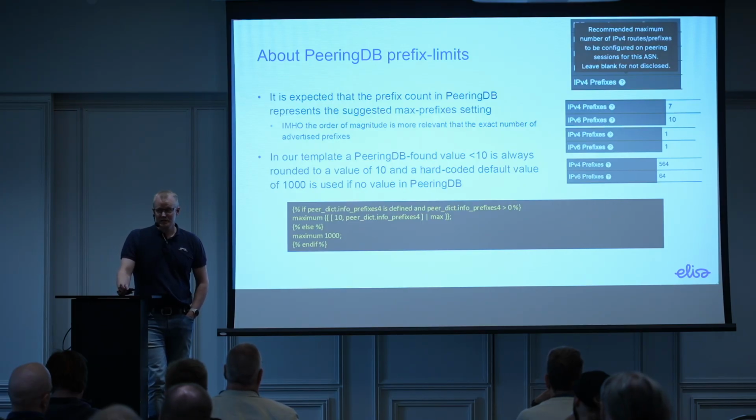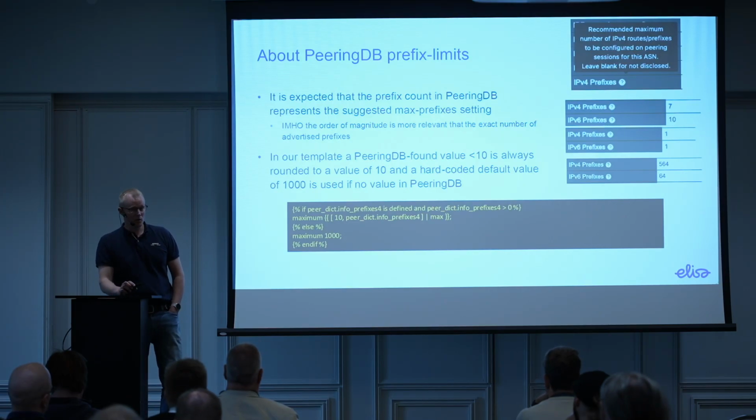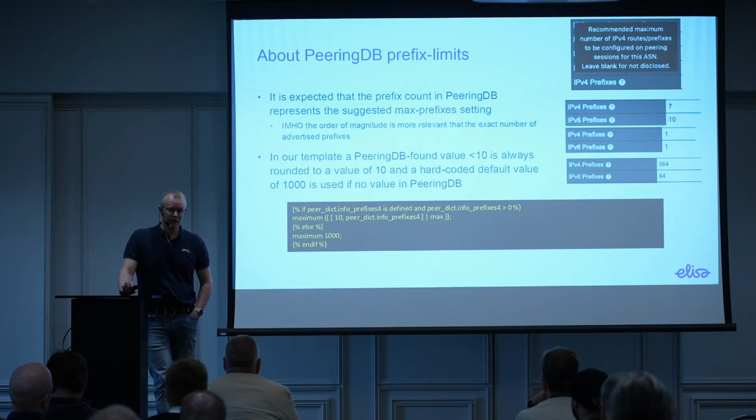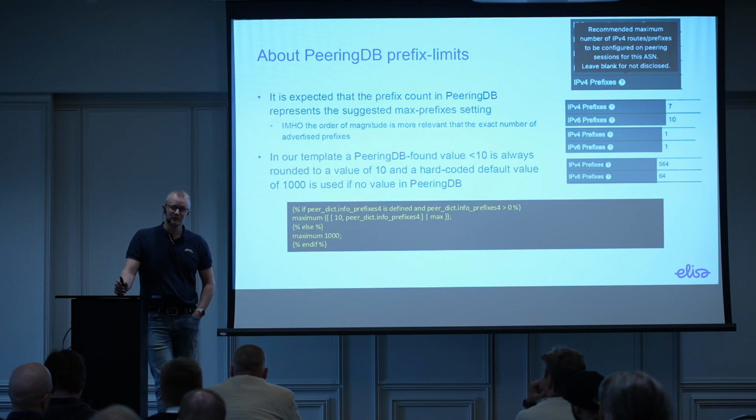And actually, I just had a look. It seems that only a few, or at least a minority of all our peers, do not have max prefixes in PeeringDB. So fortunately, almost all do have at least some value.